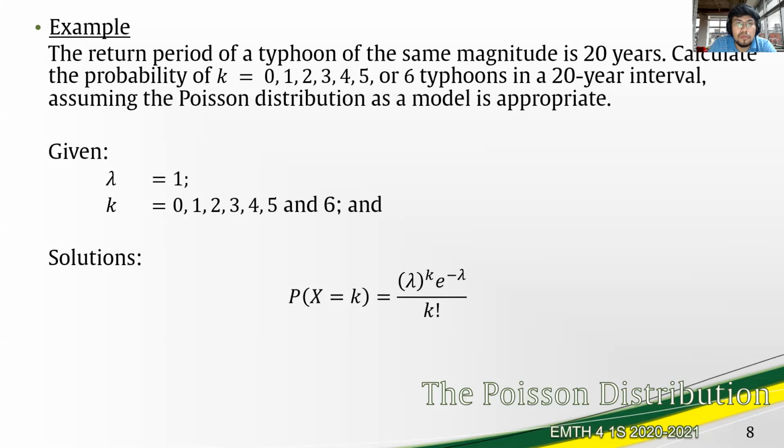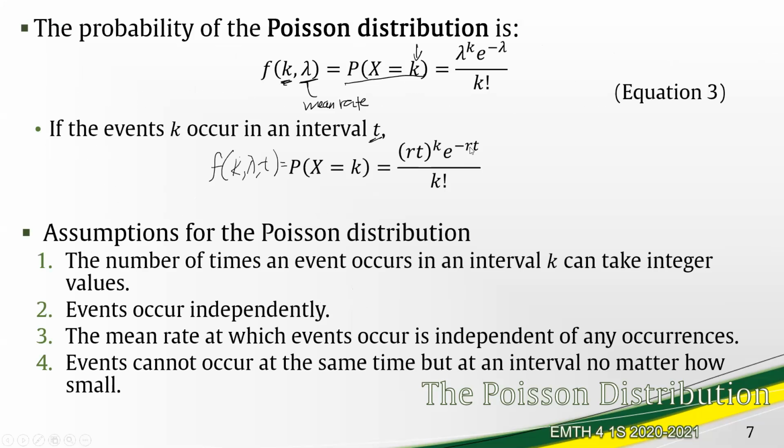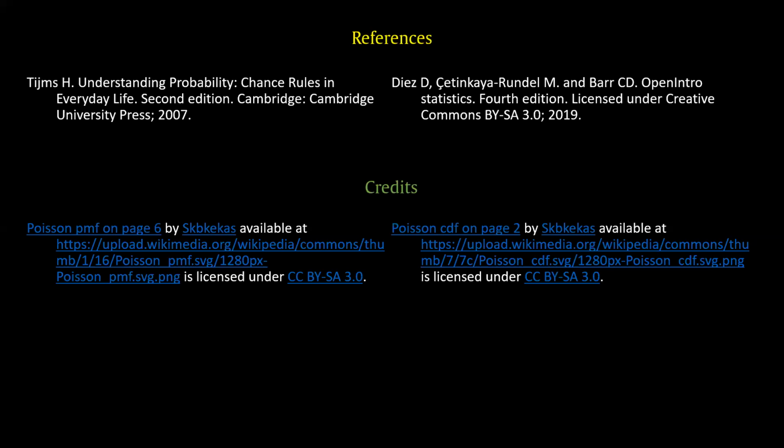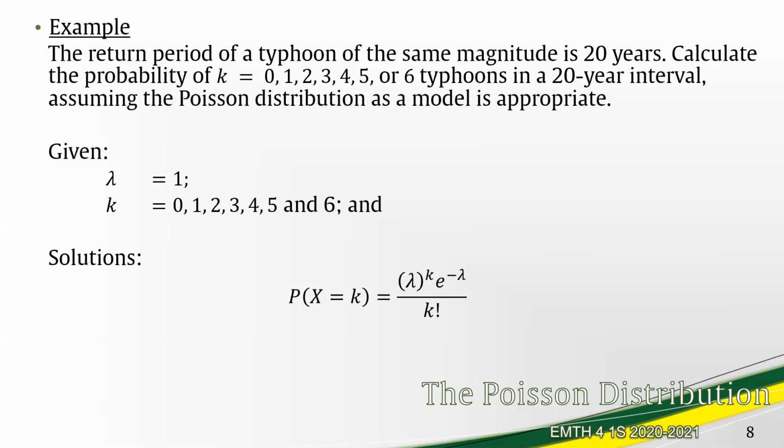Common to natural events is this assumption that it usually takes around 20 years. Now, we want to calculate the probability of the events k = 0, 1, 2, 3, 4, 5, 6, where k is the number of typhoons, and you want to know their probabilities in a 20-year interval.